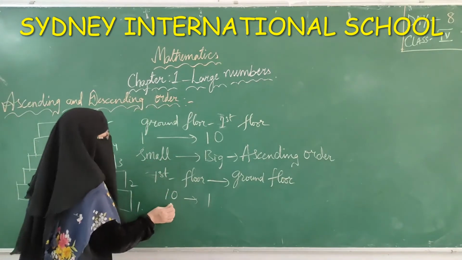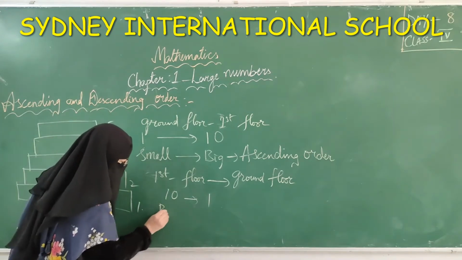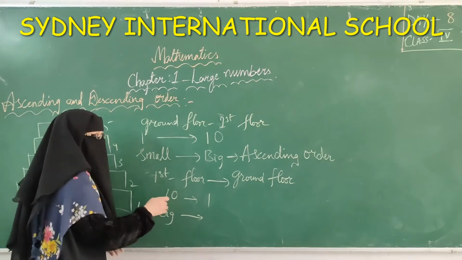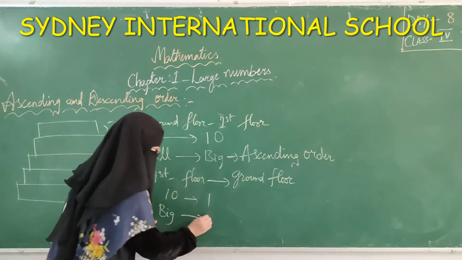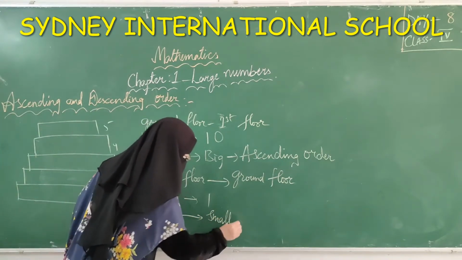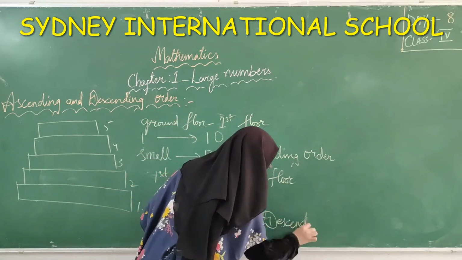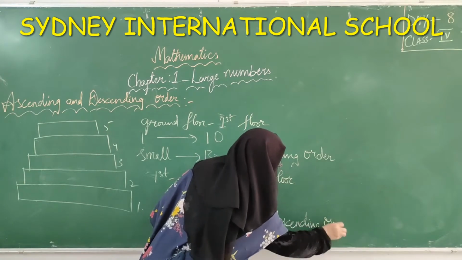So in which order are we going? We are going in big to small order. We'll climb down the big stair, then the small stair, like that, big to small. Okay, so this is which order? This is descending order.